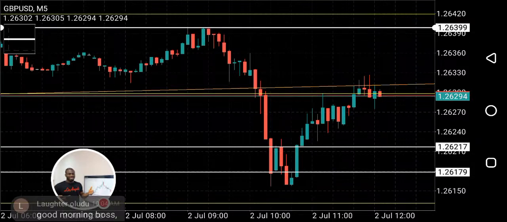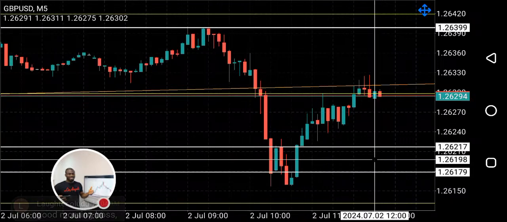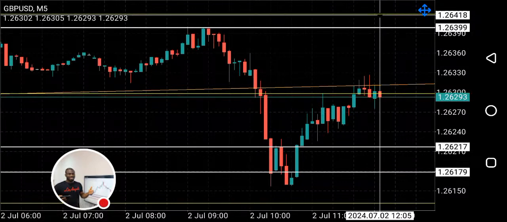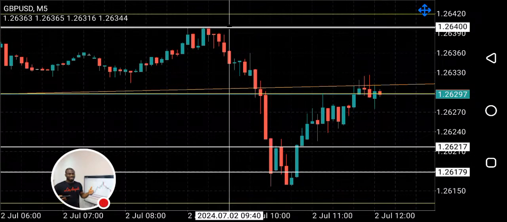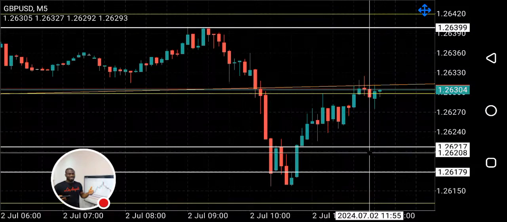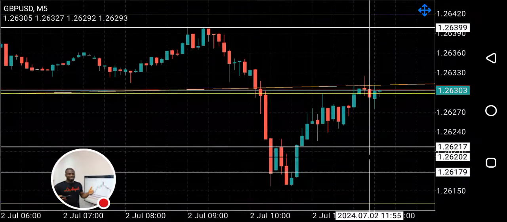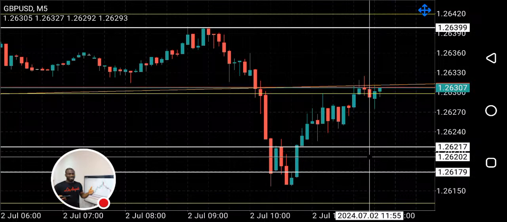If it pulls back to fill this fair value gap before going bullish, or it breaks structure here and then pulls back to this area, that is when you should consider buying GBP USD. That's what is likely going to play out before or after the news is released. That's my expectation on GBP USD.